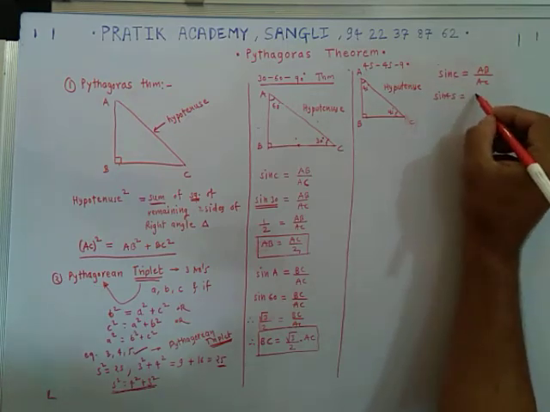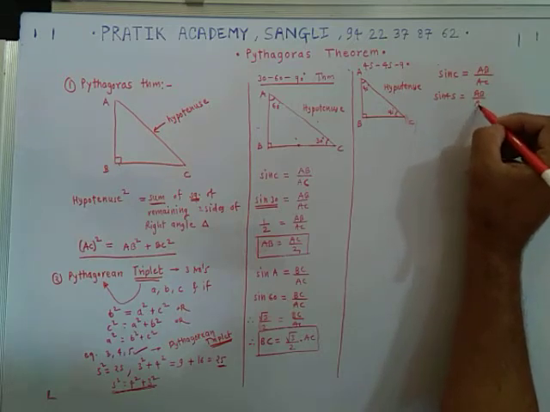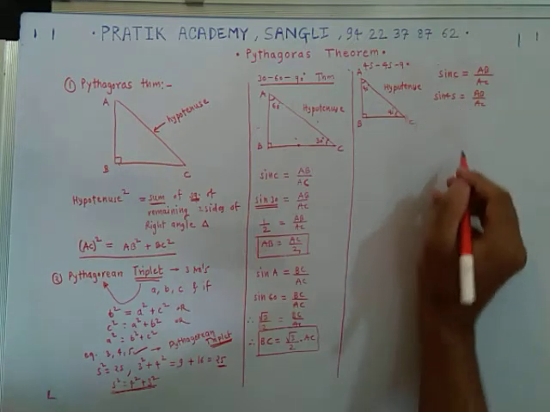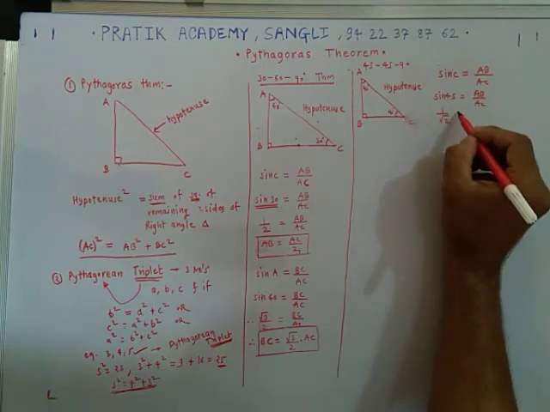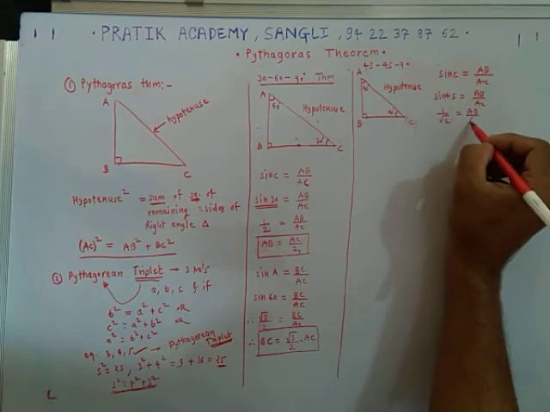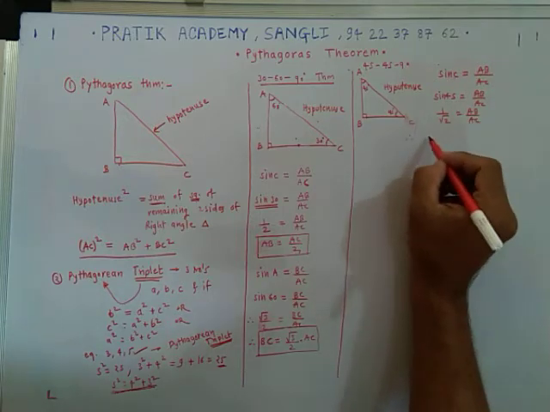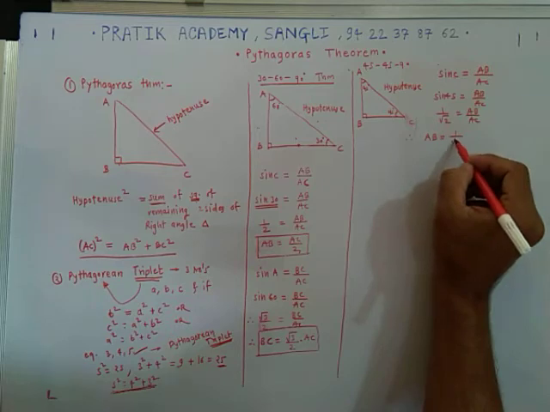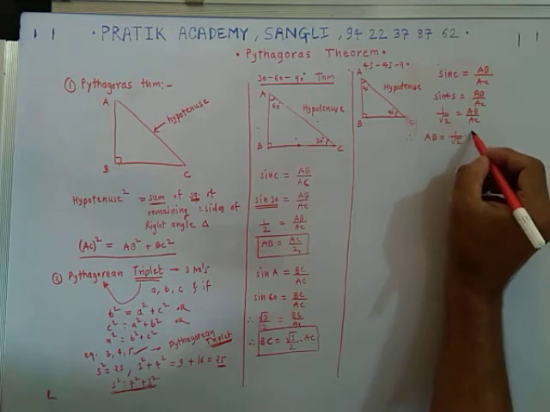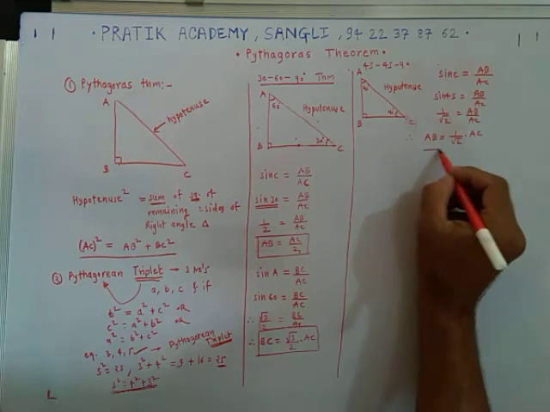So sine 45 is AB upon AC. The value of sine 45 is 1 upon root 2, which is equal to AB upon AC. Therefore AB is 1 upon root 2 times AC.